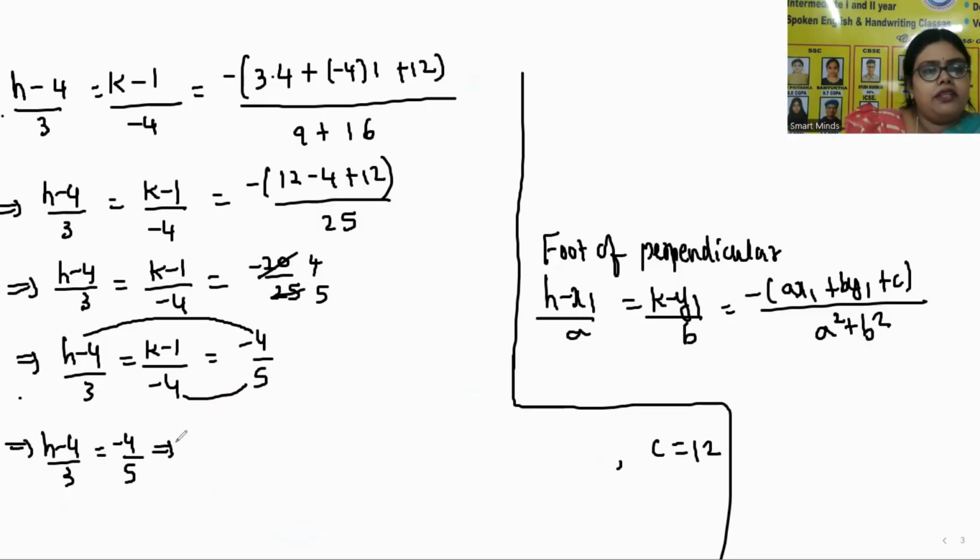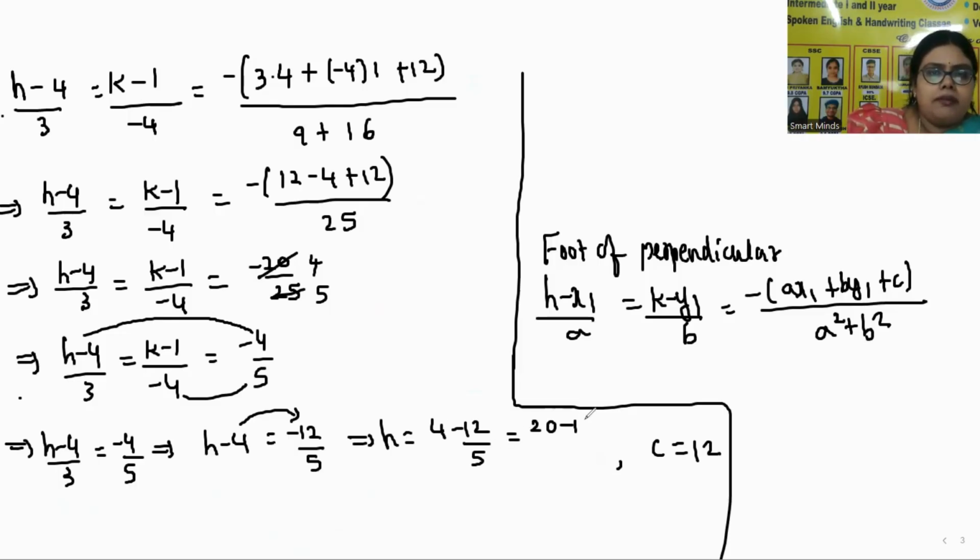Now I take by 3 that side, h minus 4 is equal to minus 12 by 5. Now take minus 4 this side, so h is equal to 4 minus 12 by 5. Now you take LCM, so 20 minus 12 by 5, that is 8 by 5.